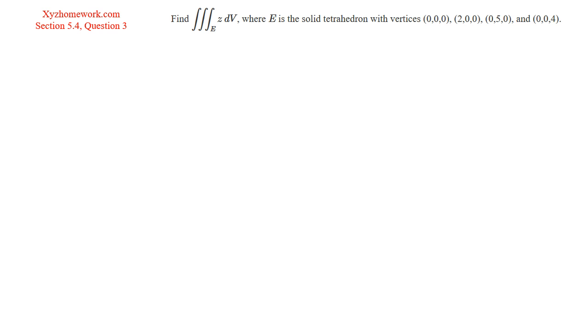The vector u is from the point 2,0,0 to the point 0,5,0, so that would be -2,5,0. The vector v is from 2,0,0 to 0,0,4, which is -2,0,4.